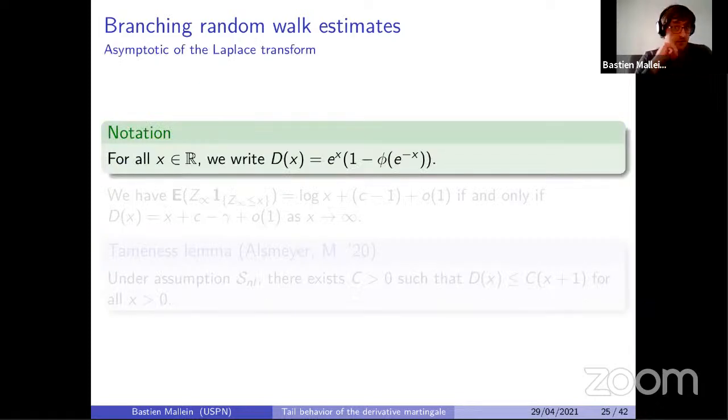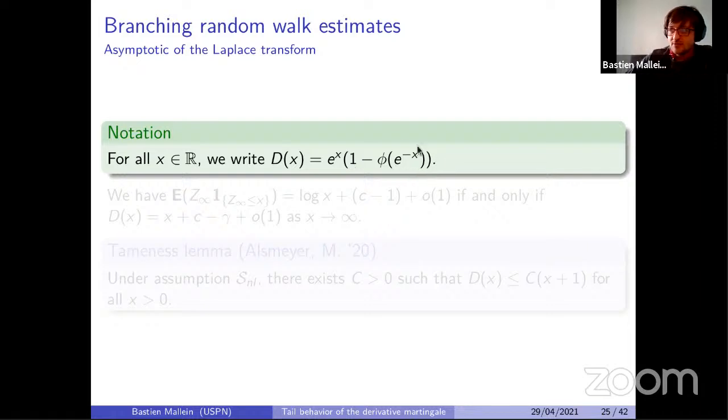Now I introduce another function, which is a transformation of the Laplace transform. I want to understand the behavior of phi of lambda as lambda goes to 0. I choose lambda equals e to the minus x and send x to infinity, and I look at 1 minus phi of e to the minus x.